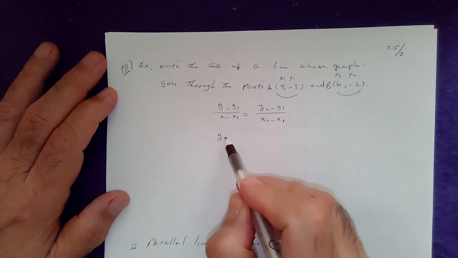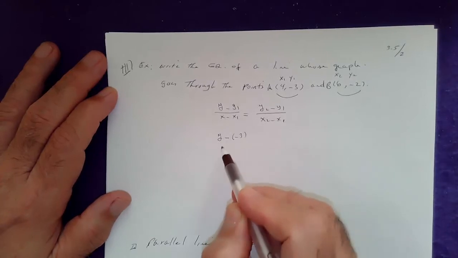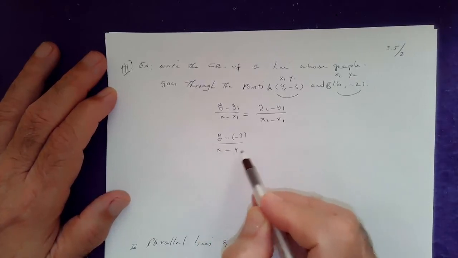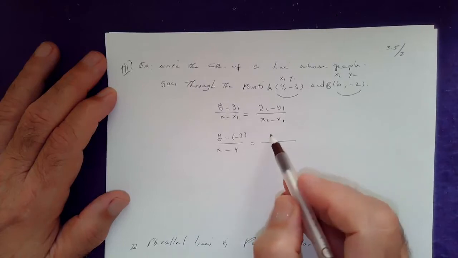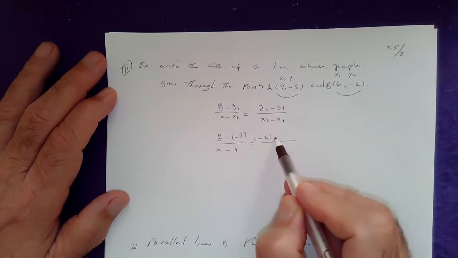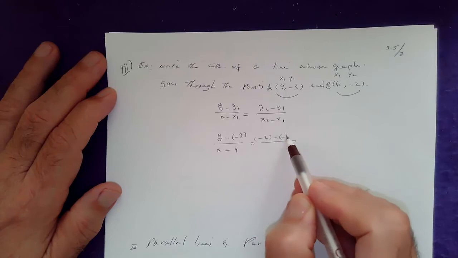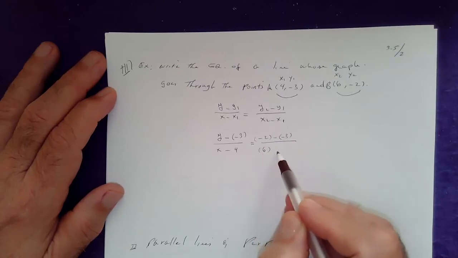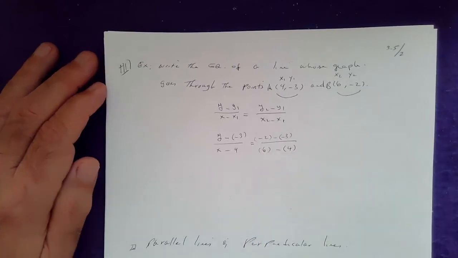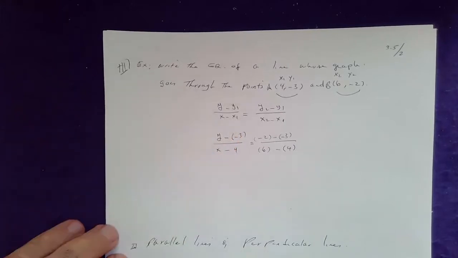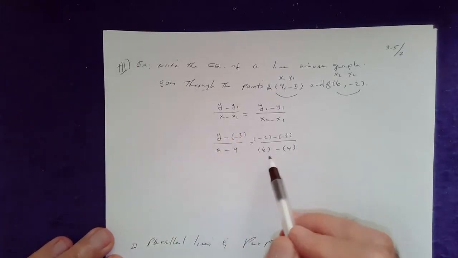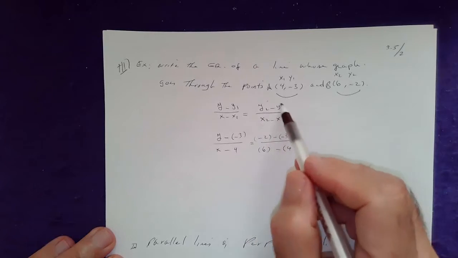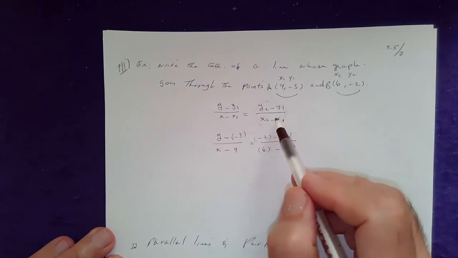So this is y minus 3 over x minus 4 equals negative 2 minus 3 over 6 minus 4. I'm just following the formula, correct? So now I have to clean this up. Incidentally, on the right side, this guy is the slope.